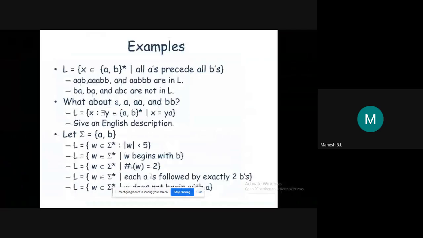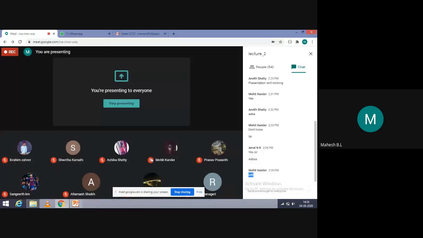Okay. Now, next example. W belongs to sigma star. W begins with B. Yes, some of you try to give some example. Few of you can give. No problem. In the chat box, you can type. Yes. What is it?